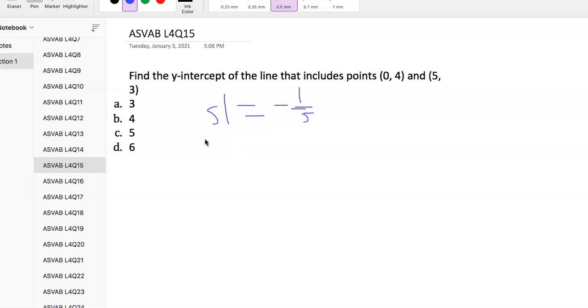So we need to know the formula y equals mx plus b. You need to be familiar with that, right? And m is slope. y equals negative 1/5 x plus b, and we'll just plug in (0, 4).